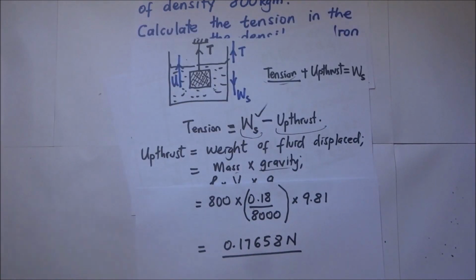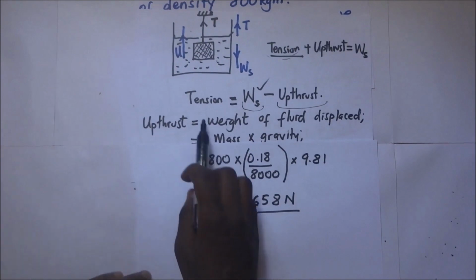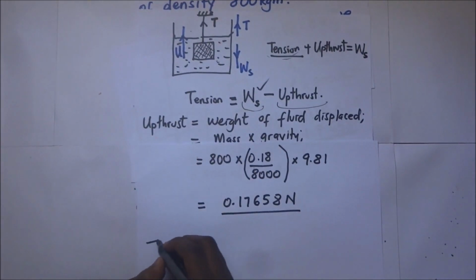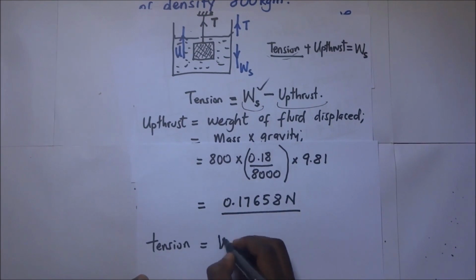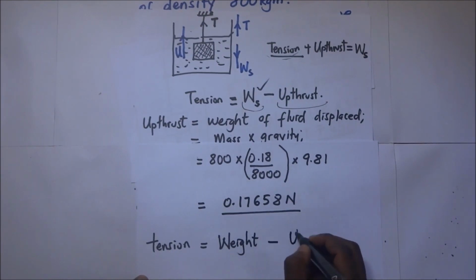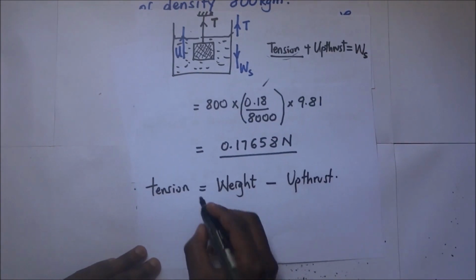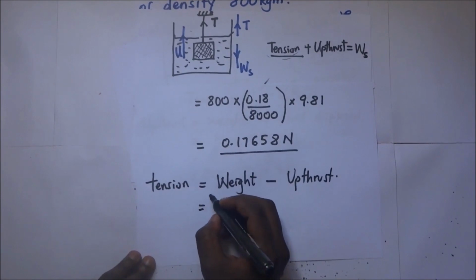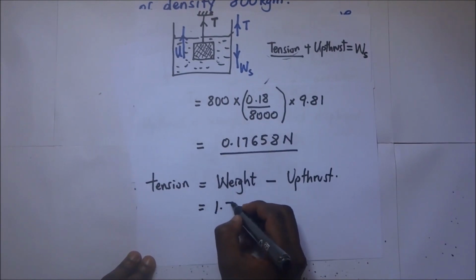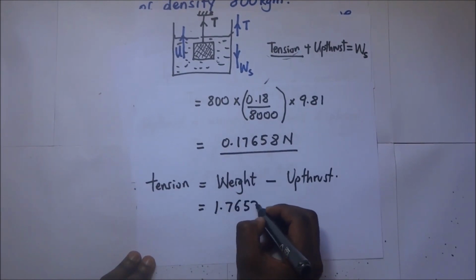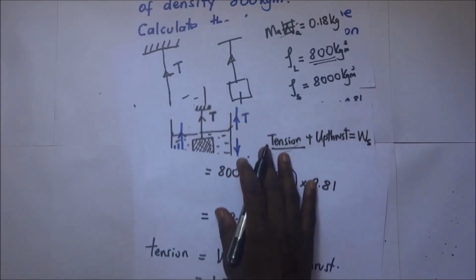Now that we have the upthrust force, we shall go back and find the tension in the string. So the tension is given by the weight of the solid minus upthrust. In this case, the weight is already given in the question. We already got it as 1.7658. Of course, this figure is gotten from here.